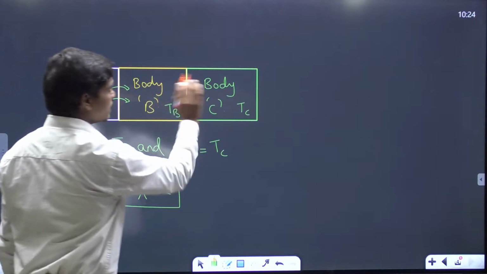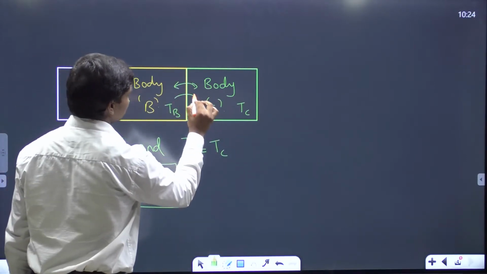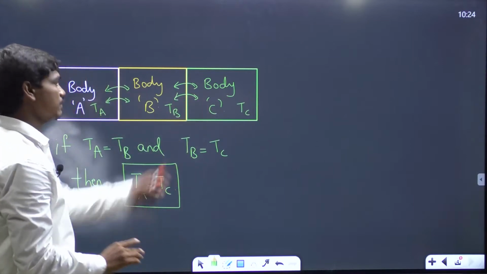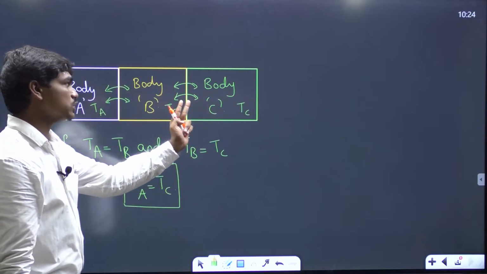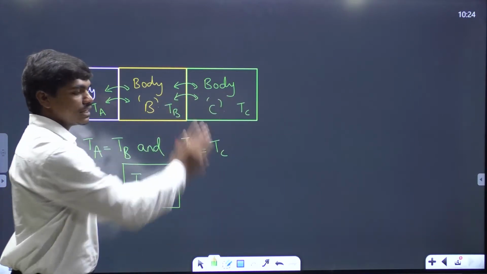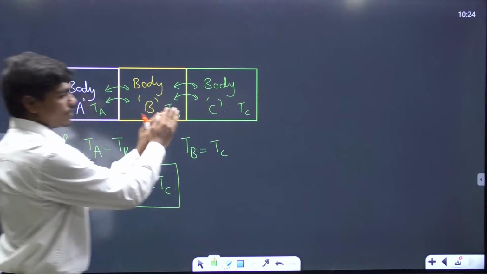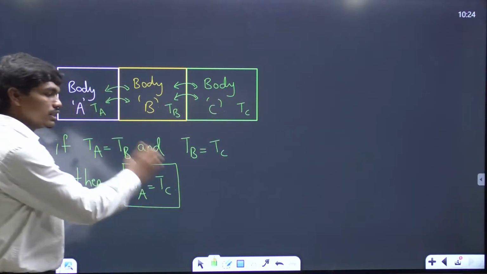Similarly, body B and body C are in thermal equilibrium, again no net heat interaction is taking place between them, so definitely TB and TC should be the same.